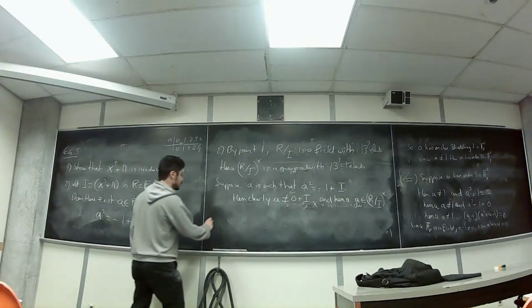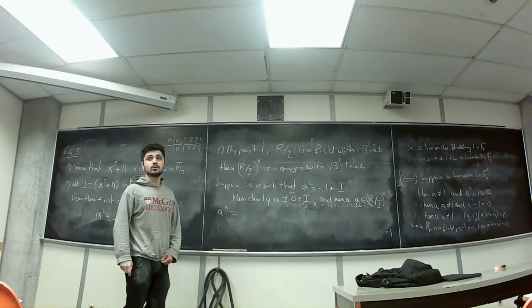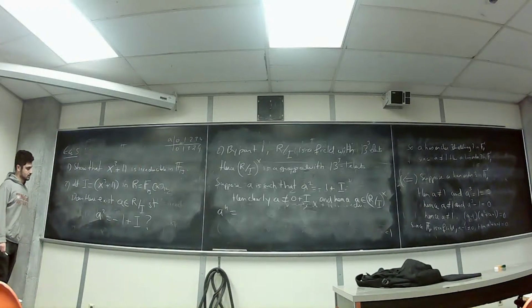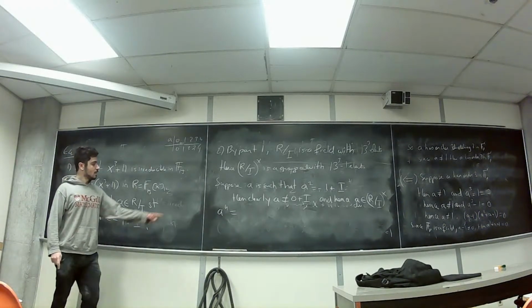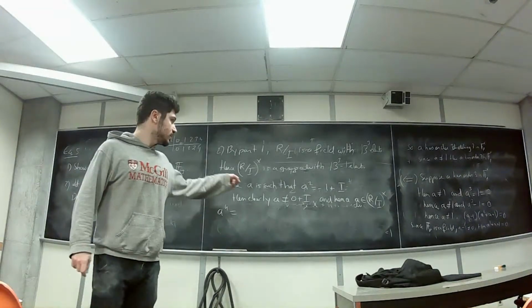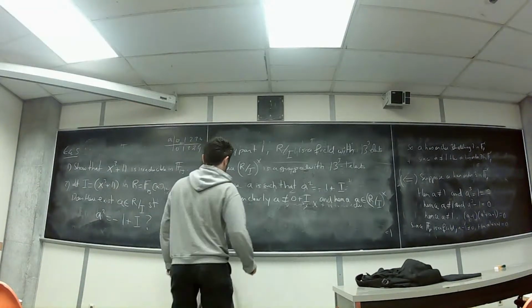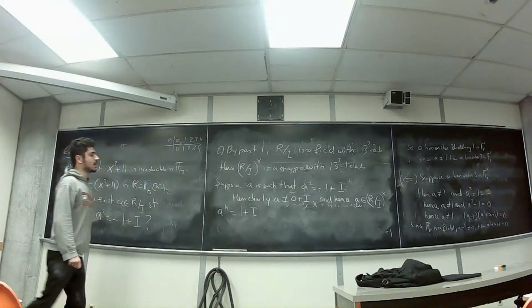Now, what is A to the 4? If A squared is minus 1, A to the 4 is equal to 1.